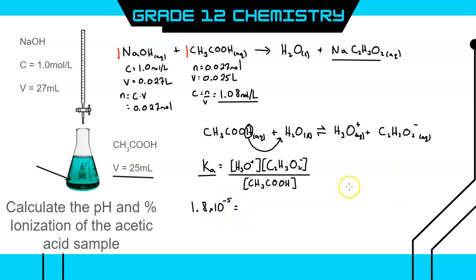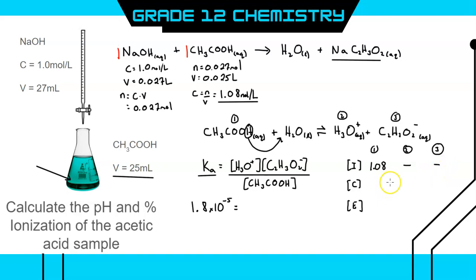Now we can do our little ICE chart if you like. You can go on the side here: I, C, E. And we'll have 1, 2, and 3, just because I am lazy. So our initial concentration we have as 1.08, and initially nothing.